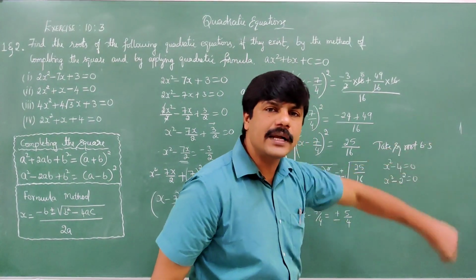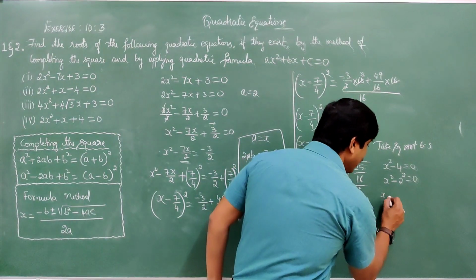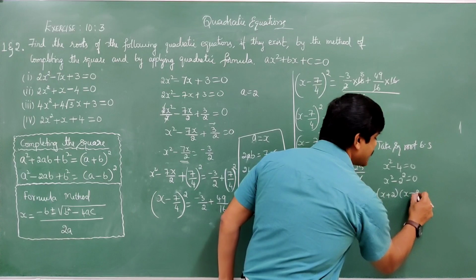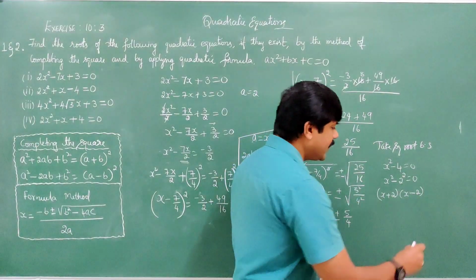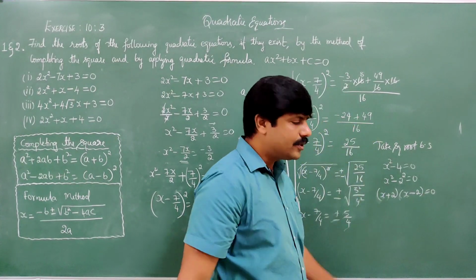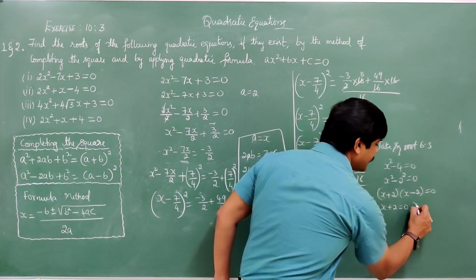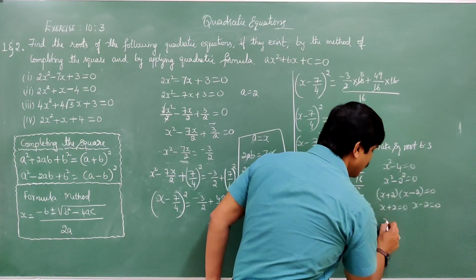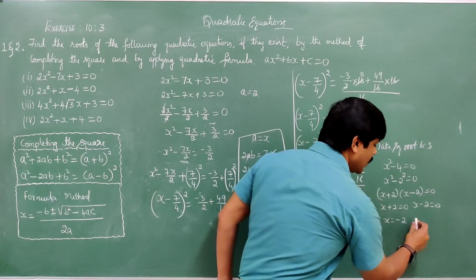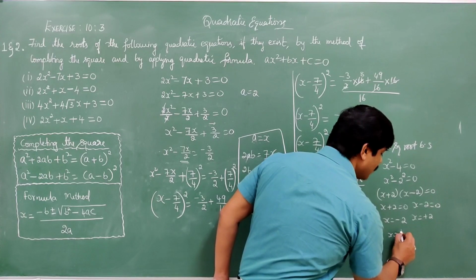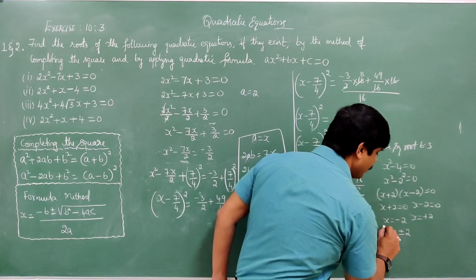A square minus b square is nothing but a plus b into a minus b, equal to 0. So with this, equate individual terms: x plus 2 equals 0, x minus 2 equals 0, and you will get x is equals to minus 2 and x is equals to plus 2. That means how many values did you get? Plus or minus 2 you got.